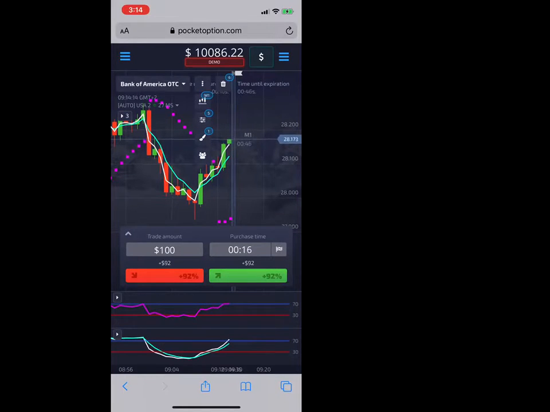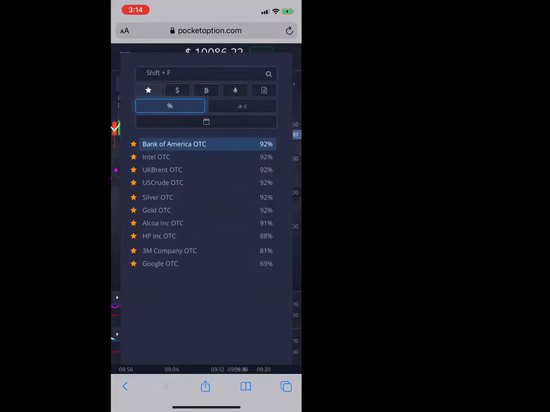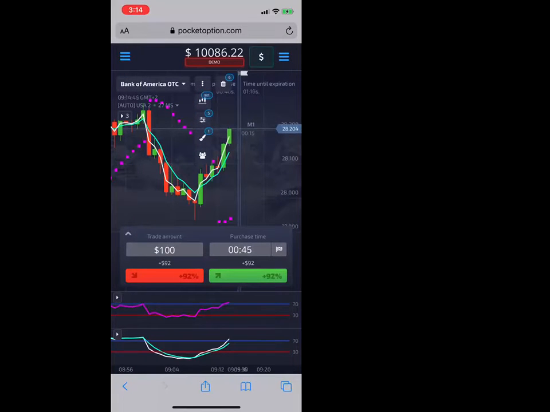Never trade a pair under 70% payout. So as you can see, Google is a 69% payout, so I need to remove this from my list. Bank of America looks pretty good.